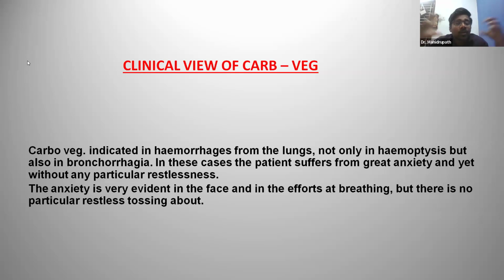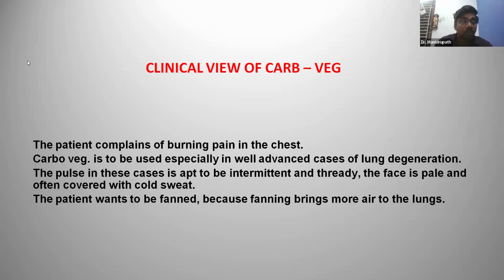I am showing you the broader view, the broader application of Carbo veg in front of you. The patient complains of burning pain in the chest. Carbo veg is especially used in well advanced cases of lung degeneration.